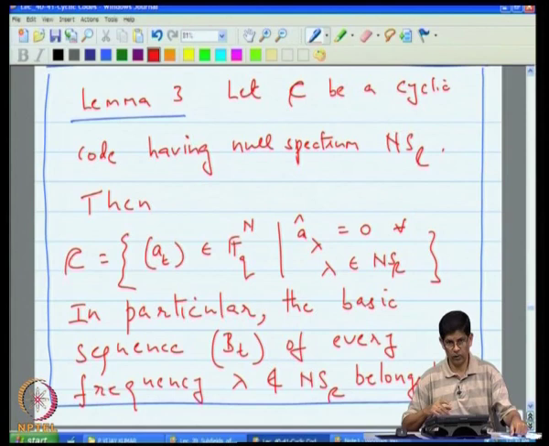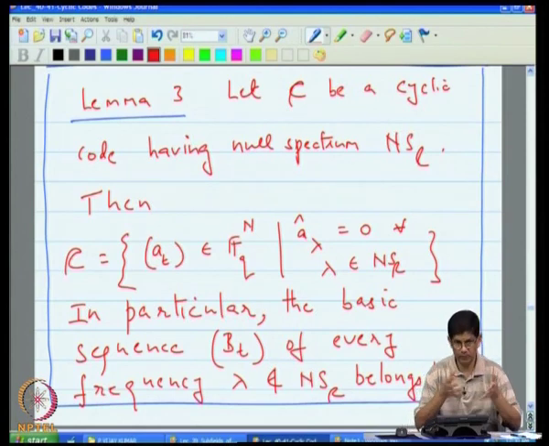So, we started out by saying C is some subset of F q to the n whose transform values are 0 at all frequencies in the null spectrum. But it turns out that the linearity and cyclic properties that C possesses cause C to in fact be precisely the largest possible collection of vectors that you could have when you just impose the constraint on the transform values.